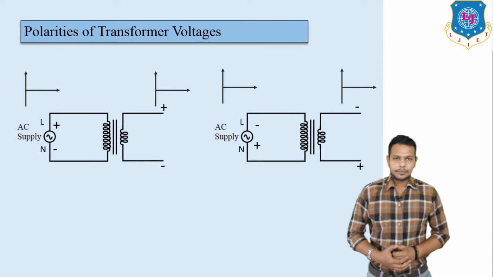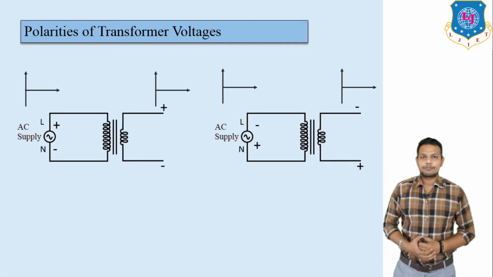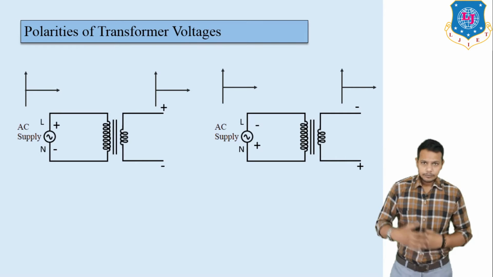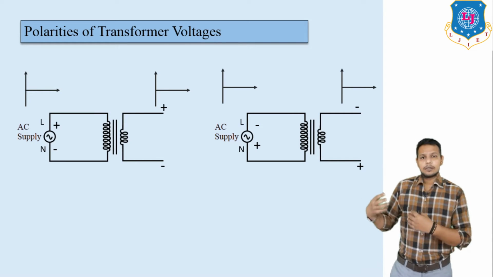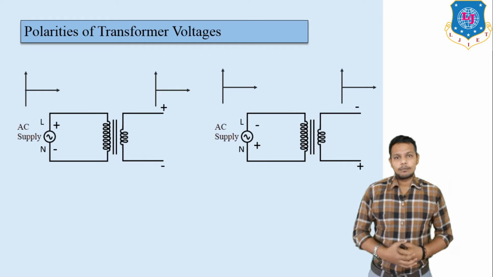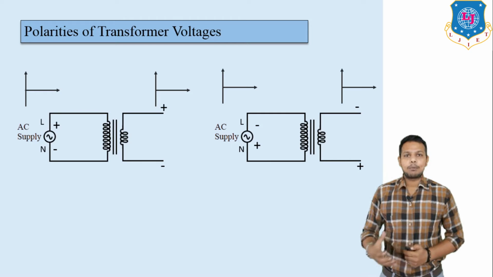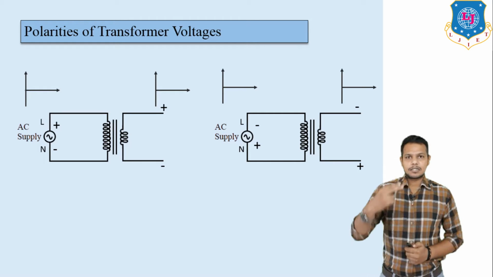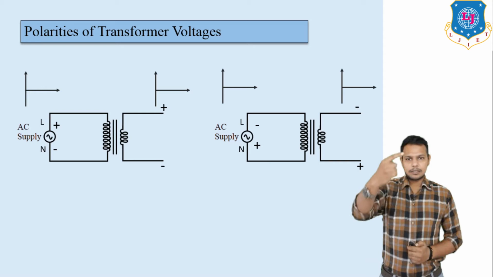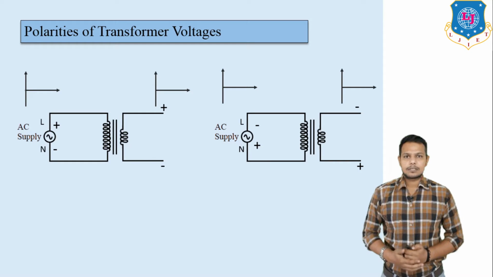Next let us discuss the polarities of transformer voltages, and how the transformer maintains its waveform. For example, I applied a positive waveform. That means your polarity is plus on top and minus below. L means line and N means neutral.